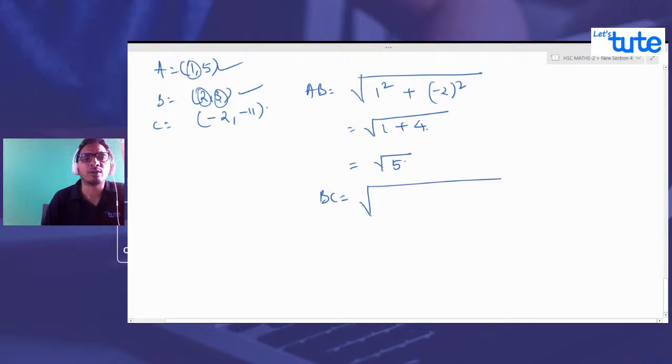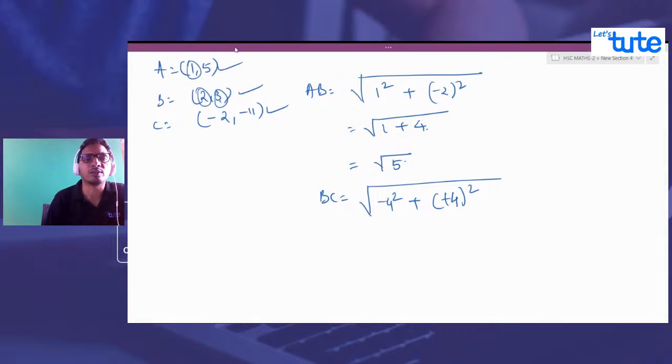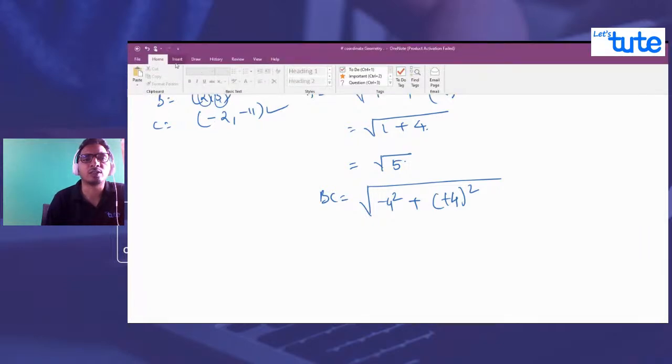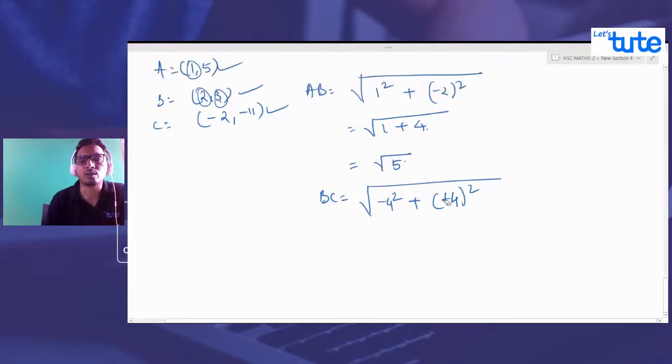Let us find the length BC. In that we are going to use B and C. So -2 minus 2, that will be -4. Negative 11 minus 3, that would be negative 14. Okay, so negative 4 squared and negative 14 squared.